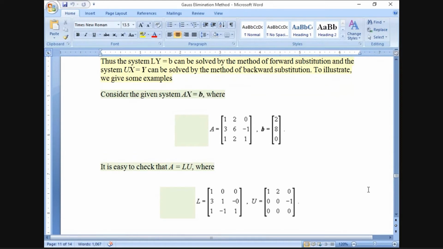Have you got these values? Just write down in the chat box yes or no. Everybody. Have you got these values for the lower and upper triangular matrices?